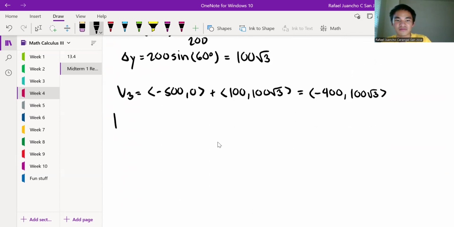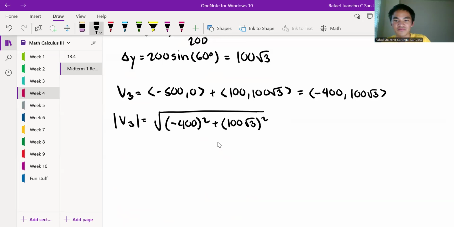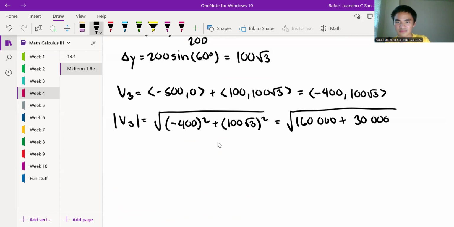Now I want to find its magnitude because that's what I was asking previously. So let me just quickly do that. I just basically get all of its components, square them, and I should get something. Okay, here it's a bit unusual. 160k. We multiply 100 squared is 10,000 times 3, so that's 30,000. Because 100 times itself, I got 10,000, right?